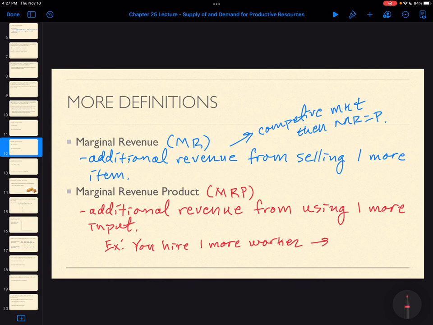That worker produces additional quantity; that's the marginal product. And then you sell that quantity; that's the marginal revenue part. So the idea with marginal revenue product is how much money hiring another employee makes your company.